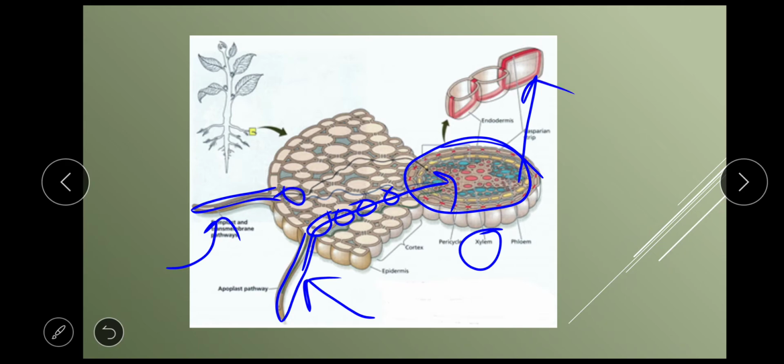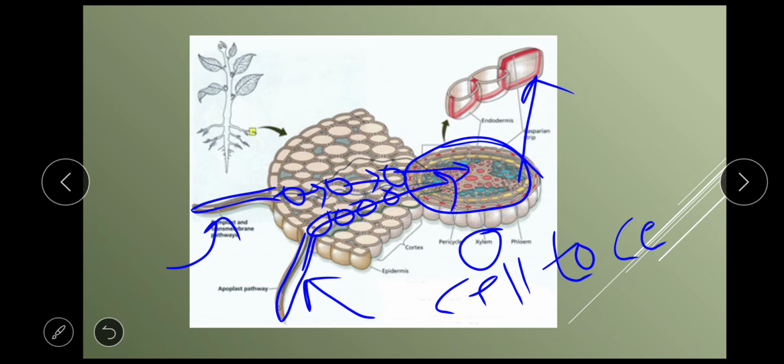So from cell to cell, this is called as cell to cell transmission. Water is getting transmitted from cell to cell. So when the roots are filled with water, they push the water to the stem, and this happens continuously in plants.